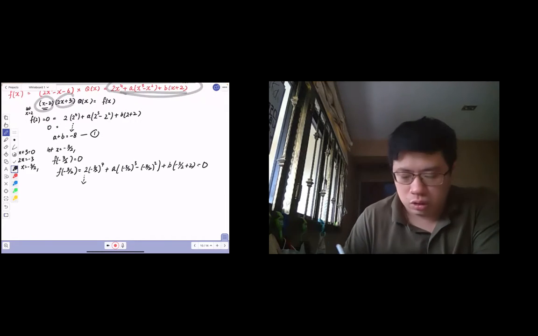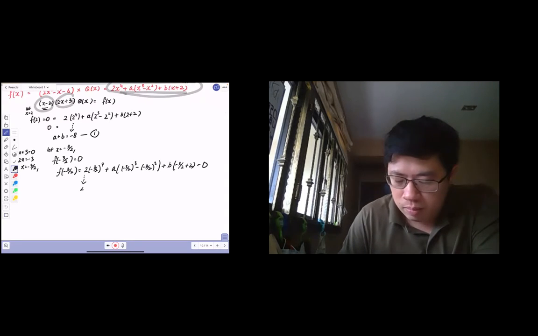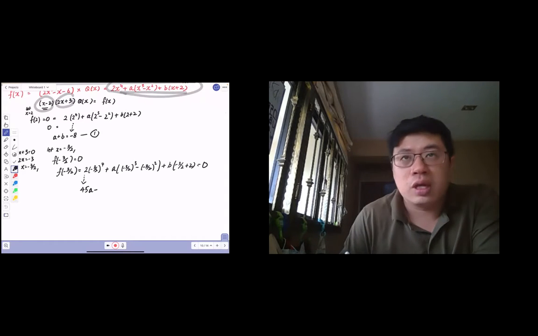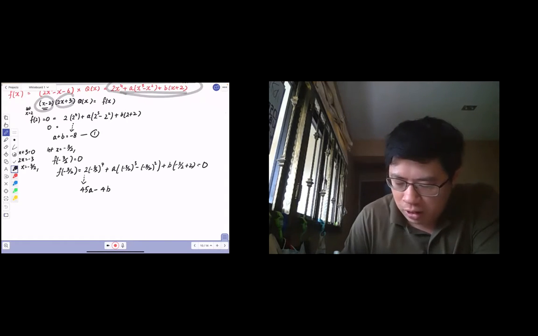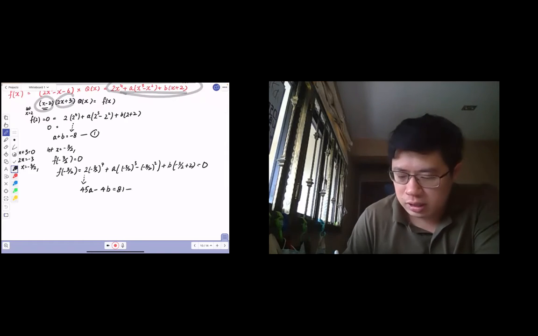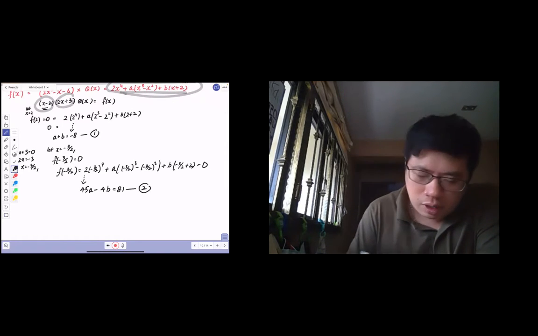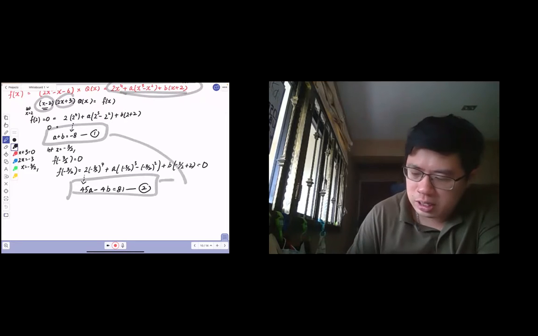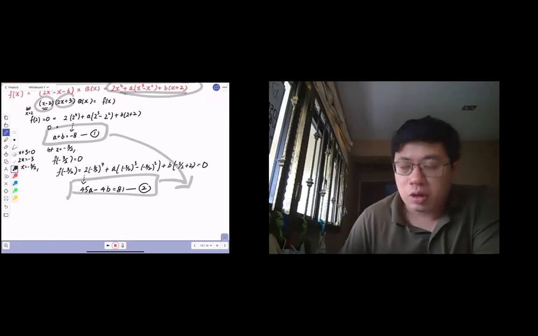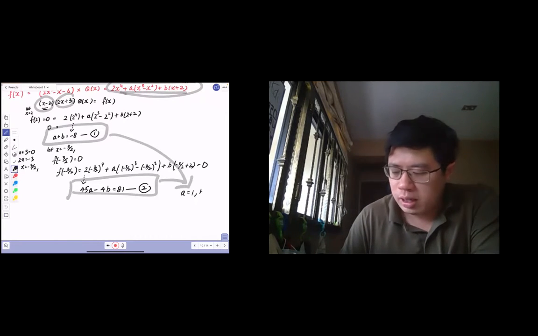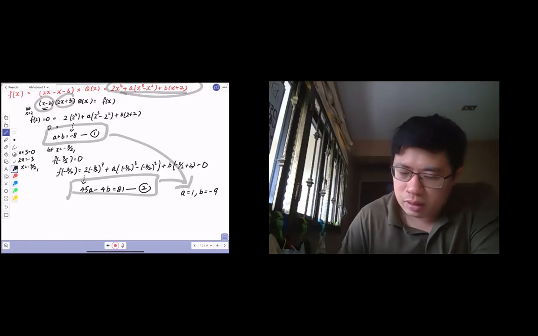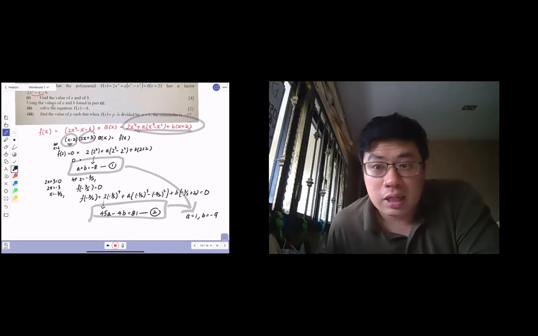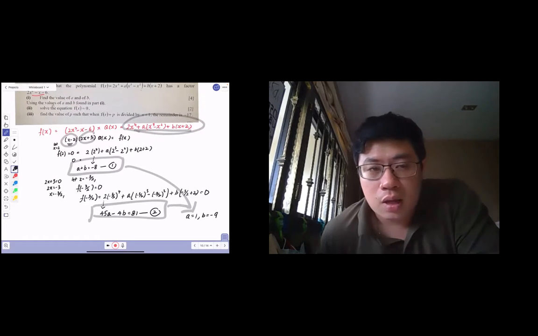It's a handful of fractions, but slowly you should get 45a minus 4b equals 81. That's equation 2. So just solve equation 1 and equation 2 simultaneously, and you will be able to get a equals 1 and b equals minus 9. I'll just leave you to do this tedious portion by yourself. So that's part 1.